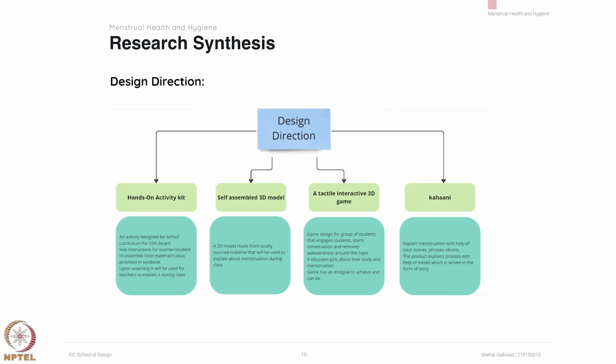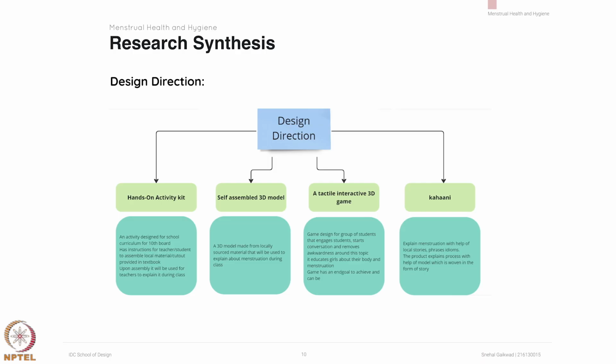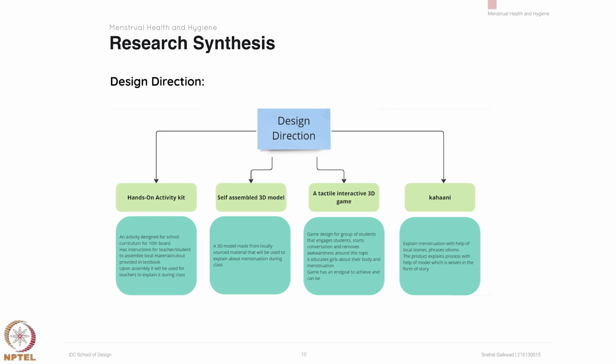Then a self-assembled 3D model, so we give a modular kit and the girls sit, join it, and learn themselves. Then a tactile interactive 3D game, so while playing the game itself you get to explore and learn about this thing.